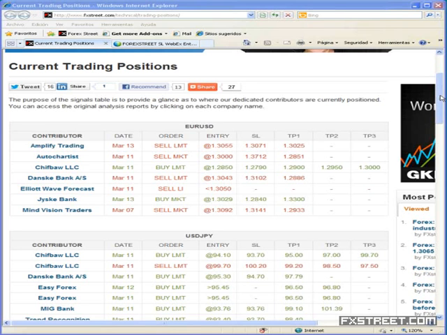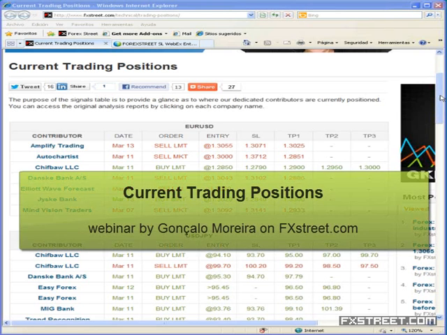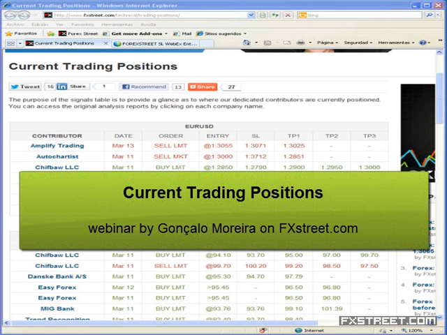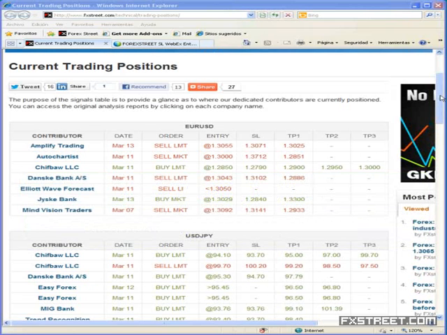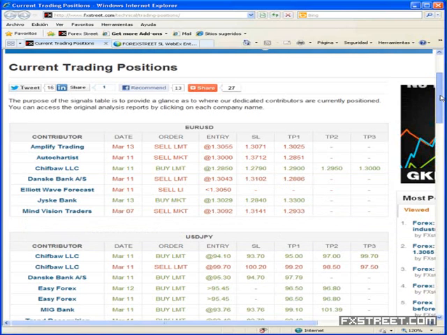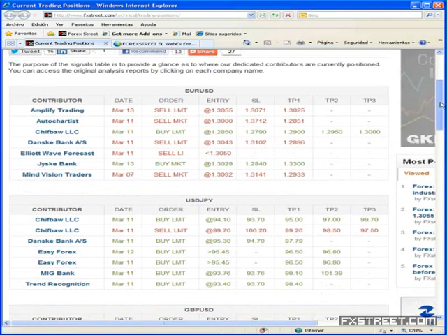Today we will cover a newly released project at FXStreet, which is the current positions table. I don't know if you have ever visited this page.